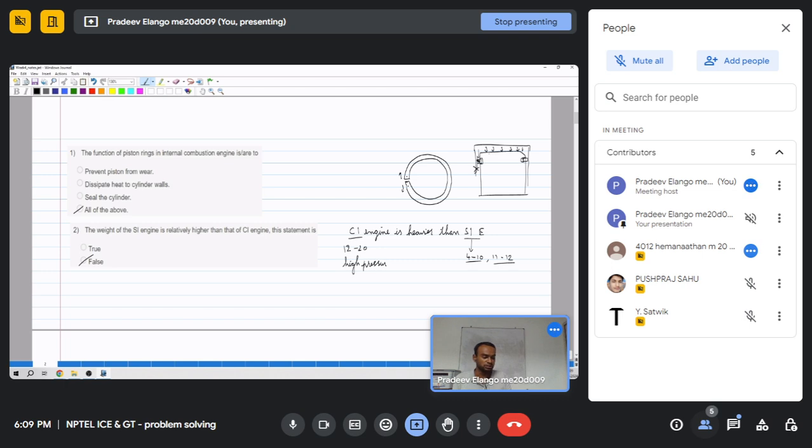That means the strength of the piston has to be high enough, so you need a thick piston. Similarly, the liner, the whole cylinder material, also has to withstand the high pressure. So we need a heavier engine. That is why the CI engine is always heavier than the SI engine.